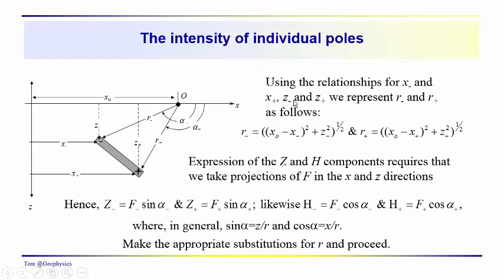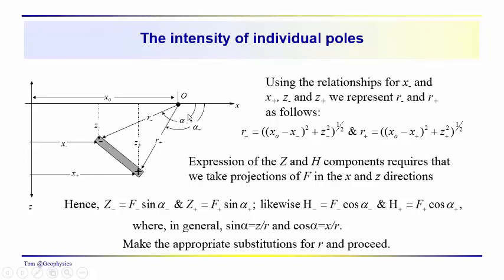Now, using the relationships that we have over here, we've got the observation point located here. This is the distance from some arbitrary origin for the x-axis. This is the depth beneath the surface. So these would be the x distances and the depths, the z distances, to the negative and the positive pole.